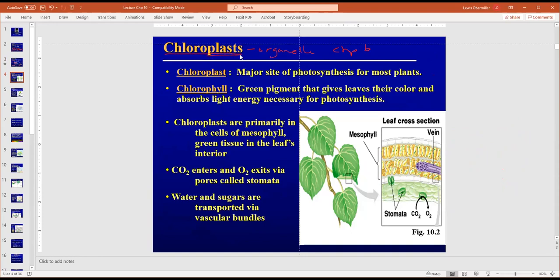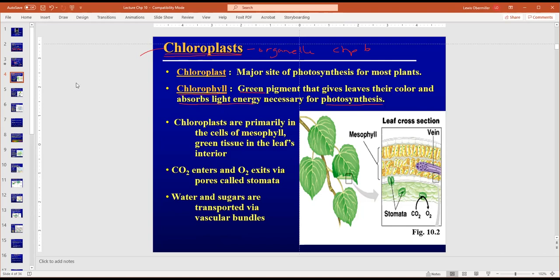Remember, plast are terms we use for organelles in plants, and chloro is the term for the pigment that's found within it. That pigment is called chlorophyll, so it's green. You guys know plants are green, and chlorophyll's job is to absorb light energy to create photosynthesis.